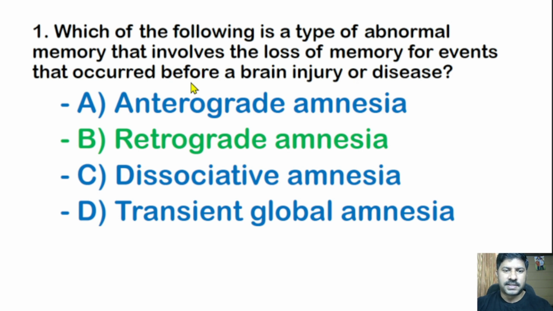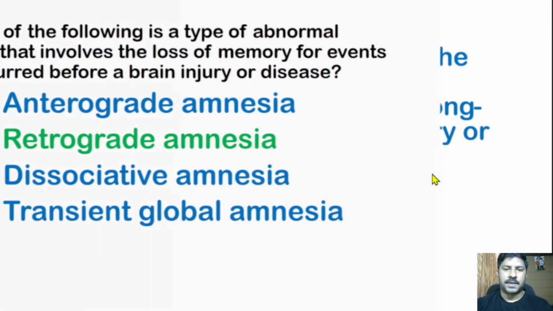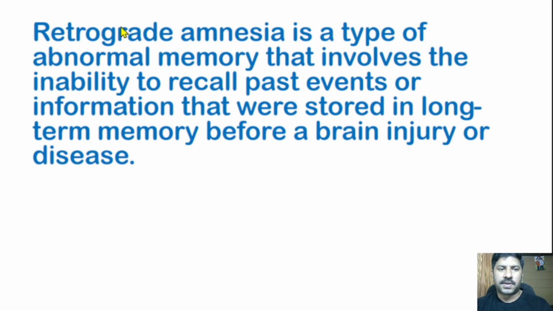We will discuss each and every type of amnesia here, so you will get a proper idea. First, retrograde amnesia. Amnesia means memory loss. It is a type of abnormal memory that involves the inability to recall past events or information that were stored in long-term memory before a brain injury or disease.